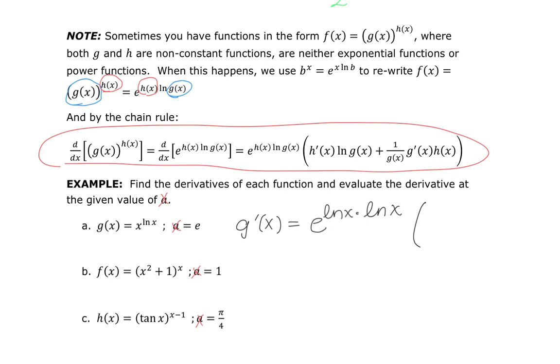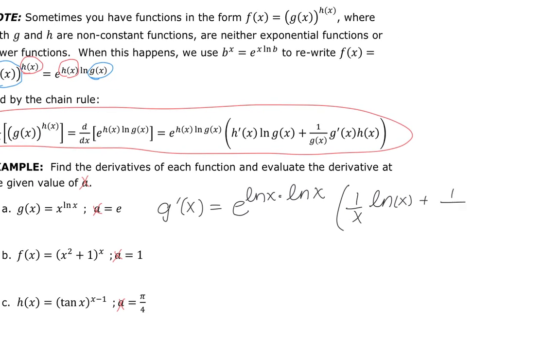So it's going to be 1 over x, the natural log of my base function, in this case happens to be x. And then plus 1 over, well, my base function g in this case is x, so it'd be 1 over x, and then the derivative of x is just 1. And then multiplied by my power, the function that's in my power, in this case the natural log of x.